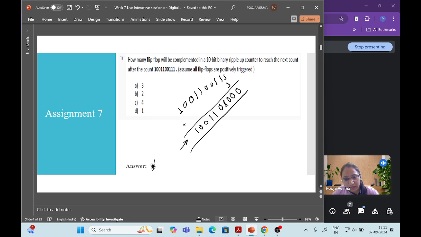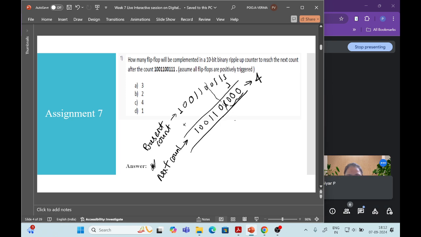From here till here it has changed, so the number of bits changed is 4.